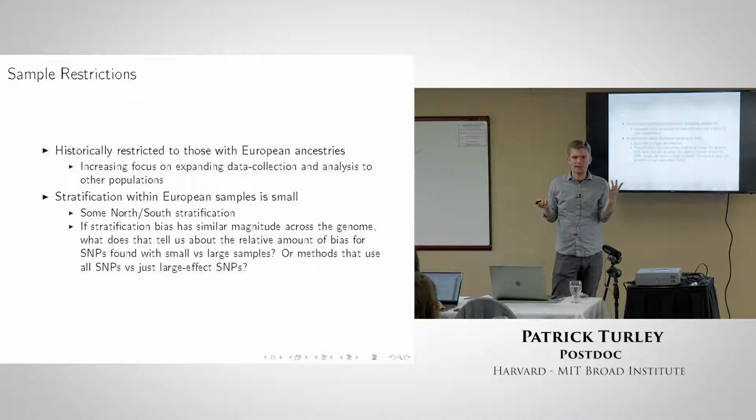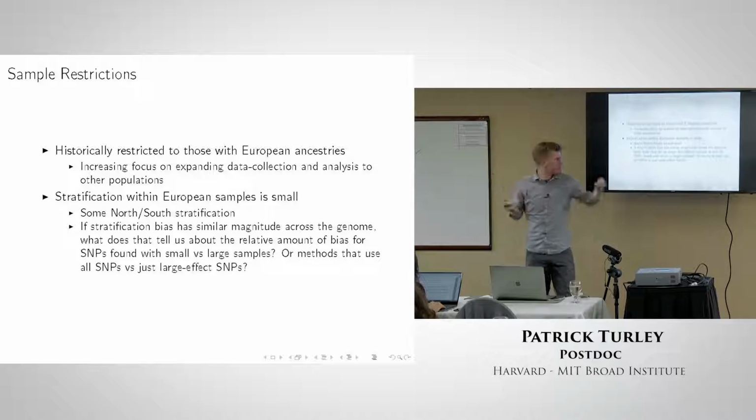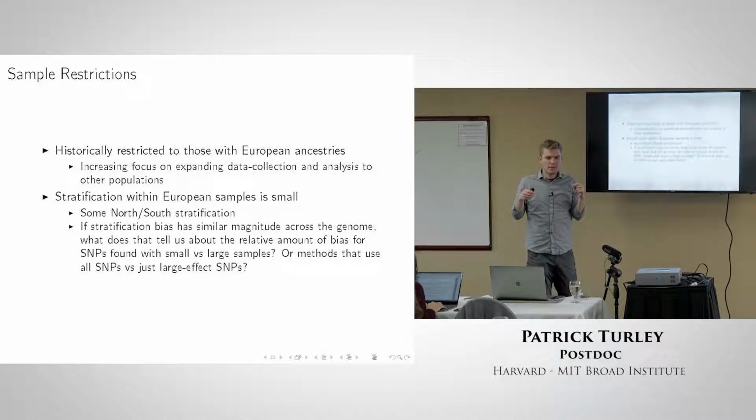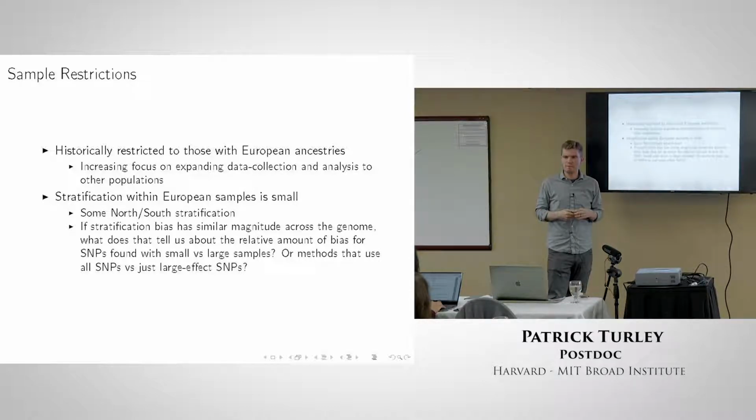So what does that mean in terms of how much of the signal is due to bias versus true signal when you have large samples? The proportion is going to be much closer. And so as we get more data, we need to take stratification more seriously, because even subtle patterns of stratification can play a bigger role in our overall set of results.